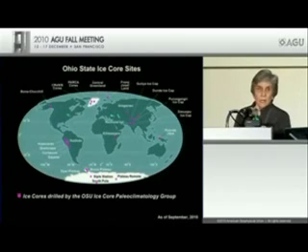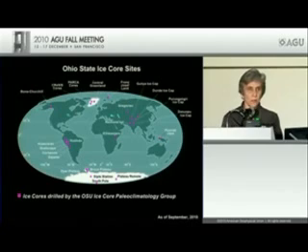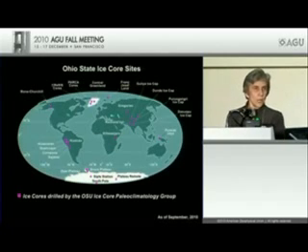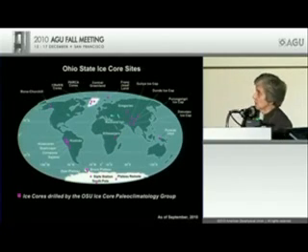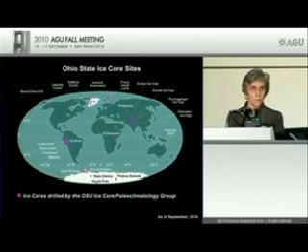Now, as Peter was reading the introduction, he mentioned our team. And for 30 years, the team at Ohio State that Lonnie and I put together have drilled ice cores around the world. This map shows all of the places from which we have extracted ice cores.